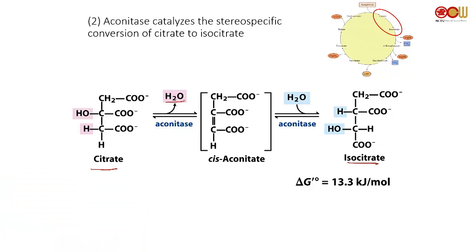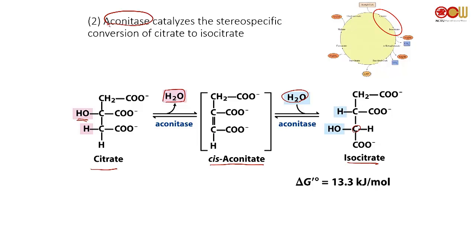First, you remove the water here and generate this C=C double bond, an intermediate called cis-aconitate. Then aconitase takes water again and hydrates another carbon, a terminal carbon. This is called aconitase. So it turns citrate into isocitrate.